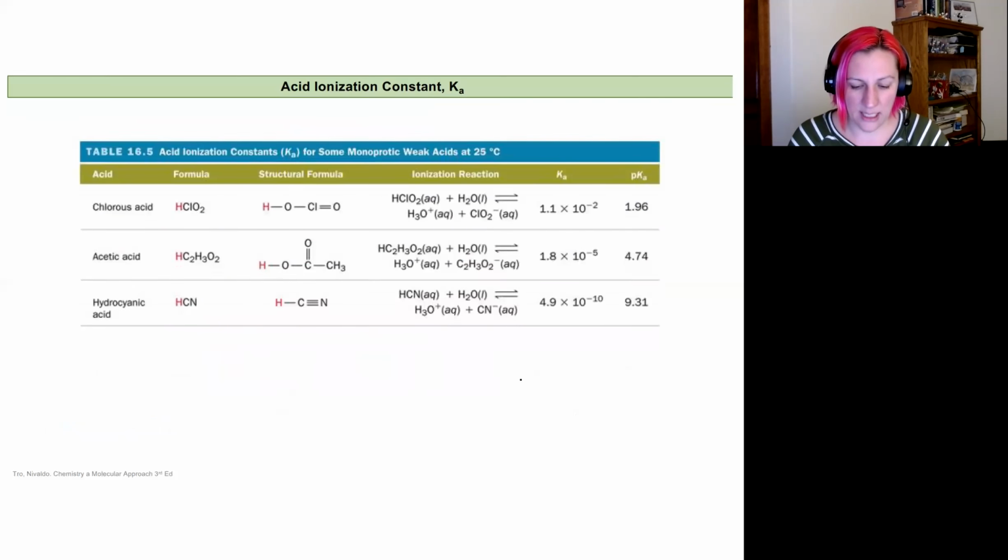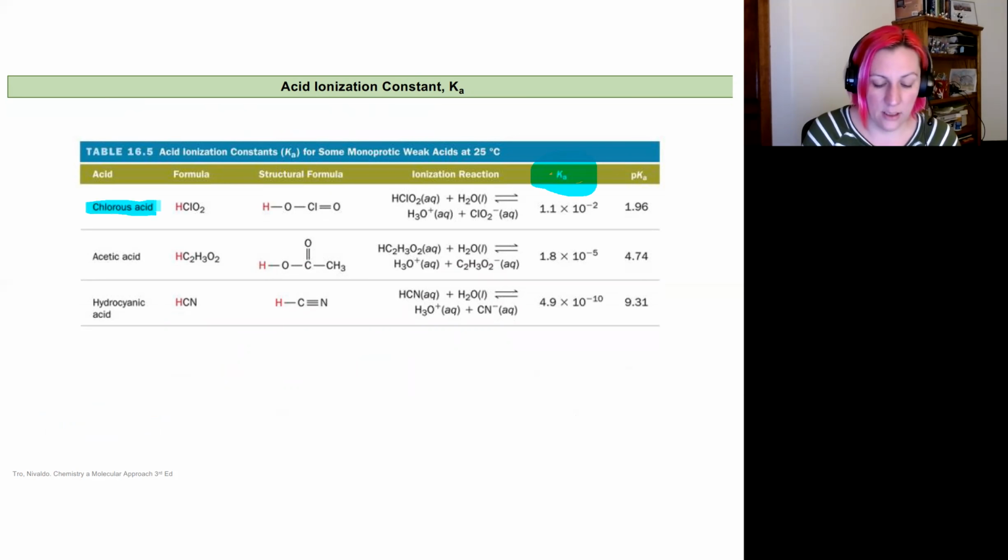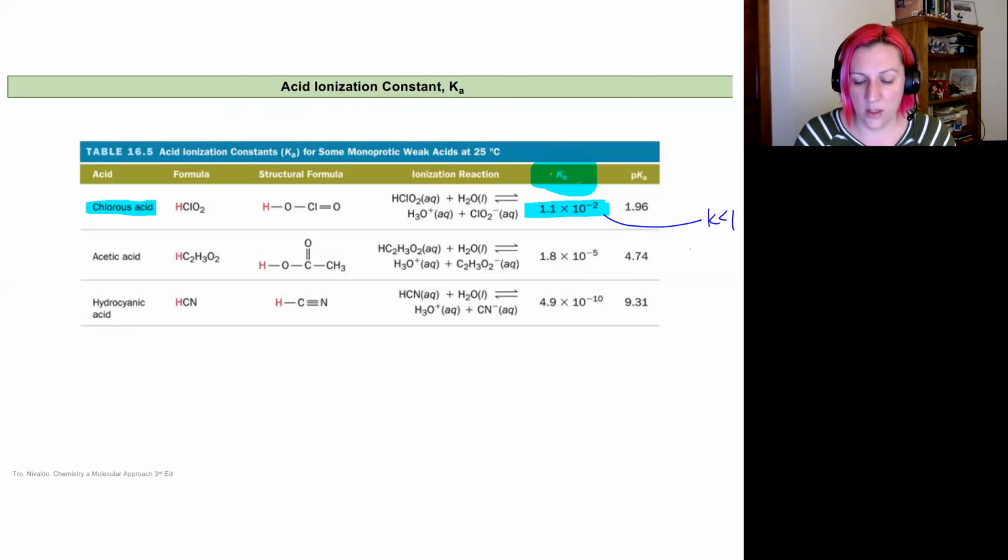So here's some context setting, some different acids. We see the Ka value right here. So this Ka value is going to, as it increases, correspond to a stronger acid. And so here we have chlorous acid, which has a Ka of 1.1 times 10 to the negative 2. So in this case, this is a value that is less than 1. So we know it's going to be a weak acid.